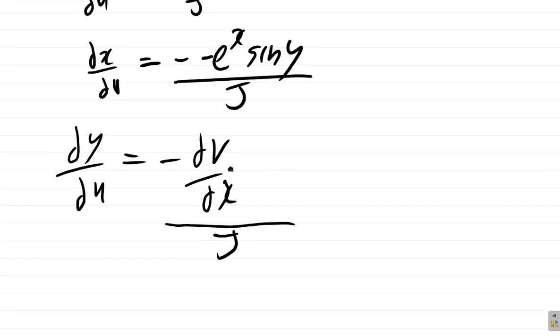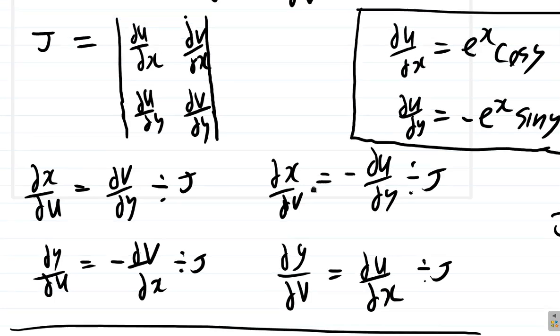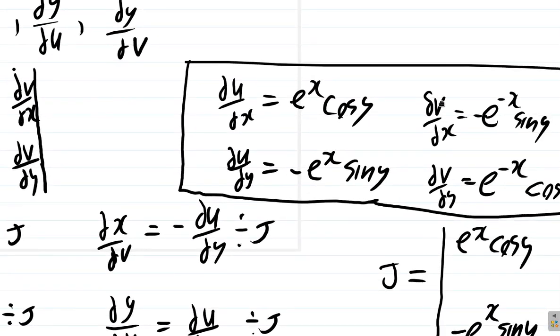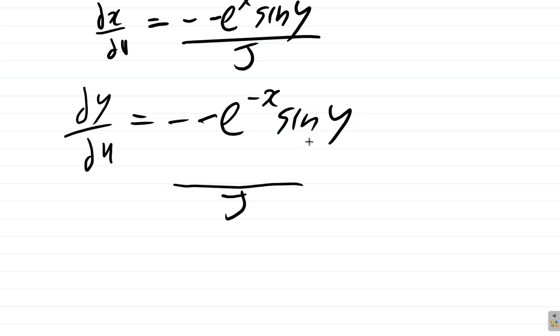But what is delta v by delta x? Delta v by delta x is negative e to the negative x sine y. So this is negative e to the negative x sine y. Right? So we have that. That's delta v by delta x.